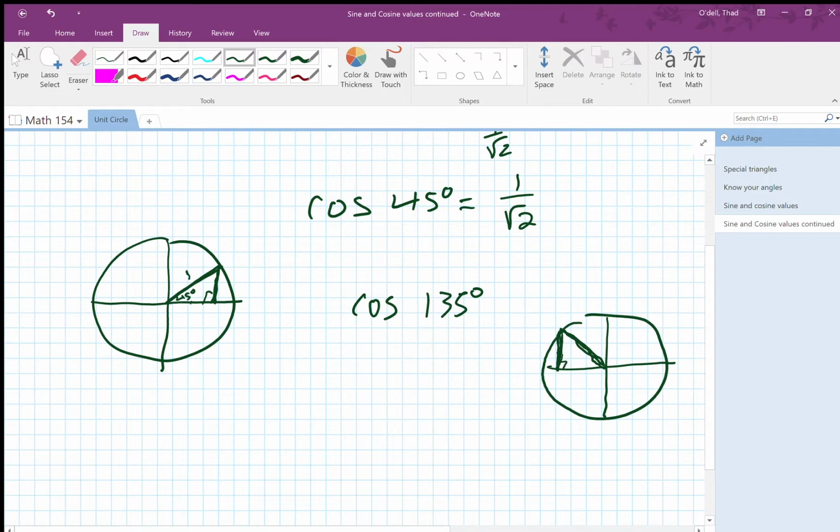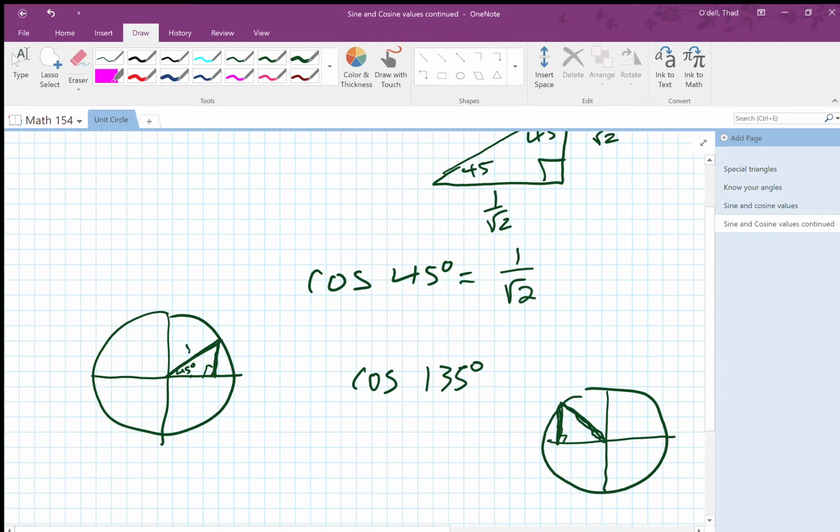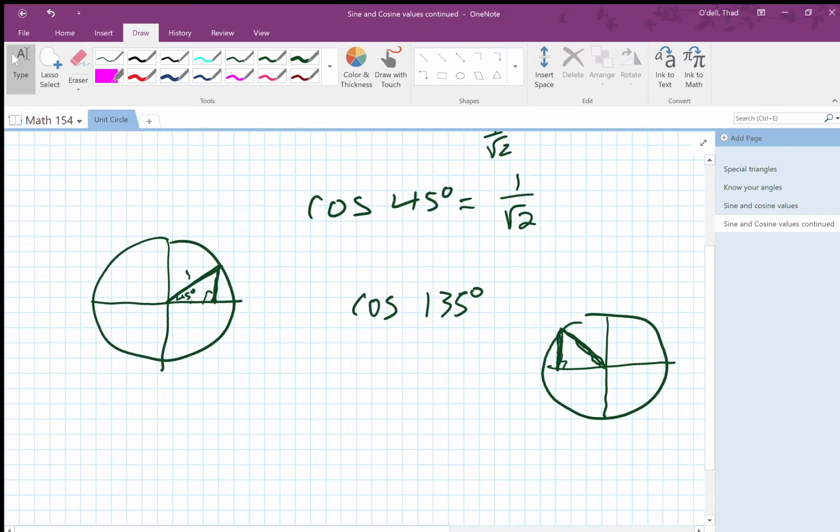Another way to say that is it has a 45 degree reference angle. And so it draws us to that same triangle. And this time, again, the answer is going to be 1 over rad 2. But because we're looking for cosine, notice the adjacent side is going to the left of the y-axis, so that means it must be negative. So that would be a negative 1 over rad 2.